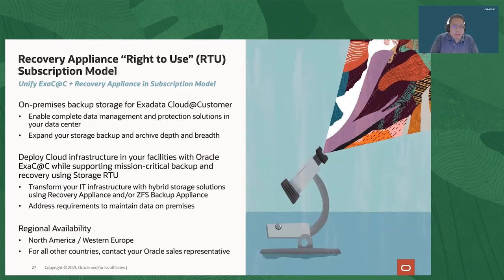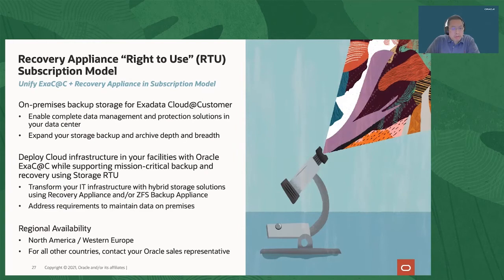So we don't have a Recovery Appliance Cloud customer offering yet, but you can finance this Recovery Appliance in a similar model. What this allows you to do is align the payments and your usage of the system with the Cloud customer finance model as well. And so we just rolled out this program early this year.